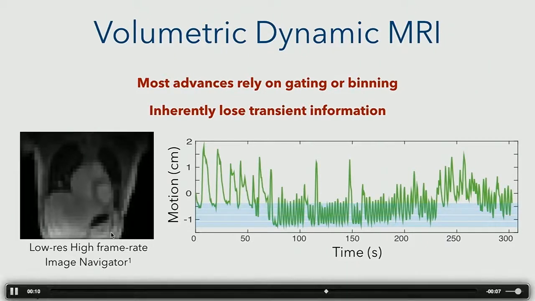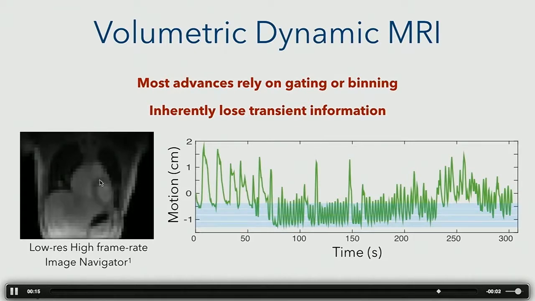For example, in an example here in lung imaging, if we reconstruct a low-resolution, high-frame-rate image navigator, from this we can extract motion and then bin according to this motion and bin them into several frames and create these gated image reconstructions.